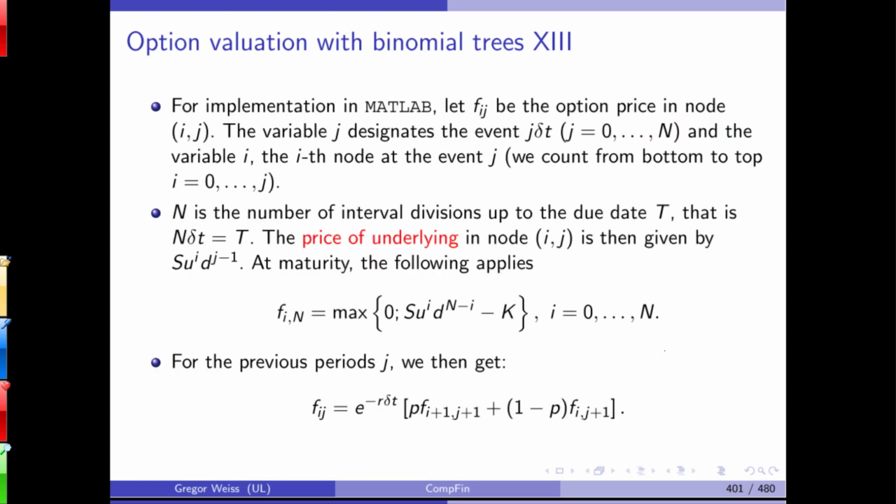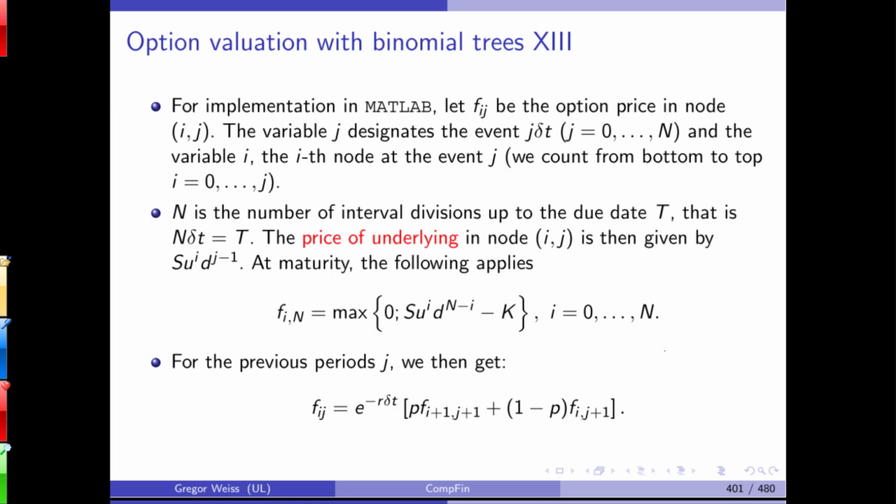Now let's do this in MATLAB. Let Fij be the option price in node ij. The variable j designates the event j times delta t, and the variable i, the ith node at the event j. So we count from bottom to top, and n is the number of interval divisions up to the due date.